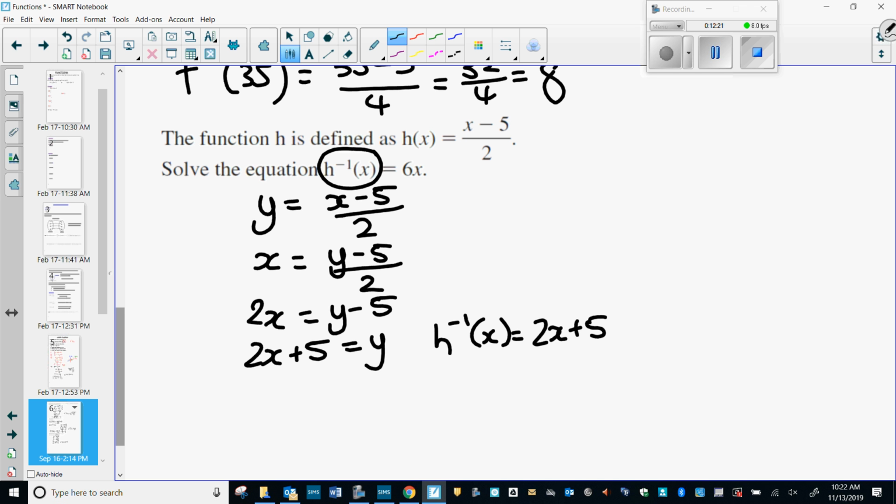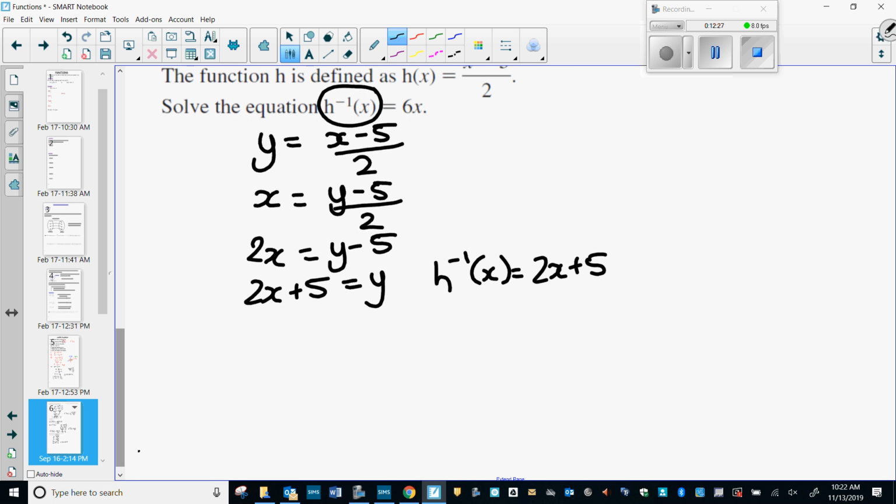Now they've said we need to solve the equation h⁻¹(x) equals 6x. So what do we suggest that we might do now? Exactly that. Did everyone hear? So we're going to write 2x plus 5 equals 6x, because this was our expression for h⁻¹(x). So that's going to go in place of that, and we're just going to write it equal to 6x.